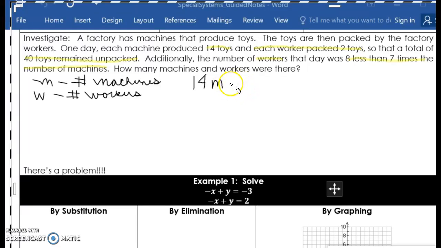Okay? And then each worker packed 2 toys. And a total of 40 remained unpacked. So that unpacked is going to tell us that we subtract.